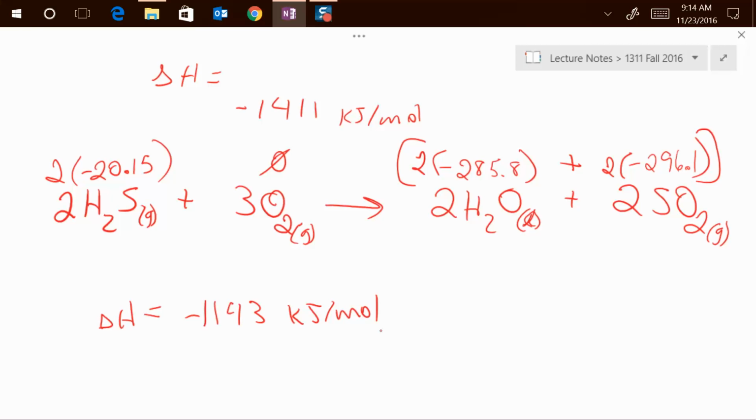I didn't multiply the negative 20.15 times 2. That's what I get without. Oh, it's 24. Negative 1,143. Yeah, 24. That's what it is.